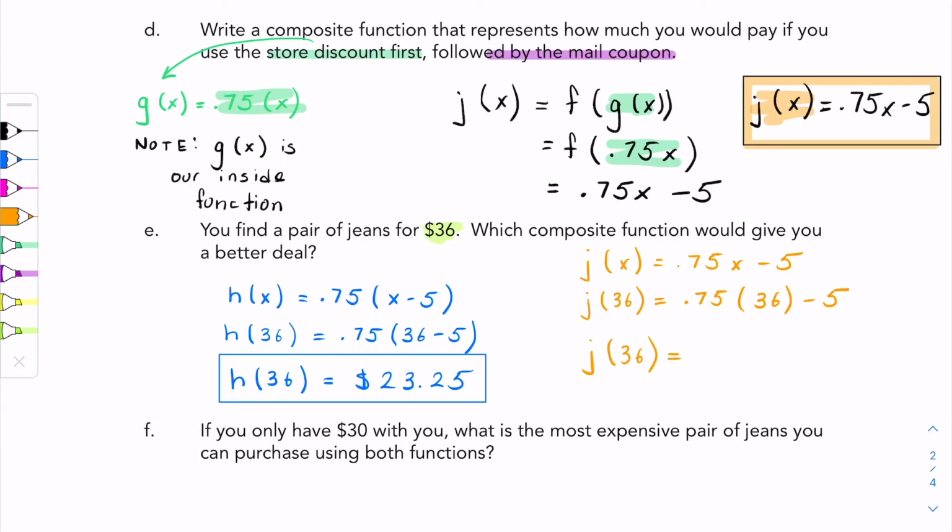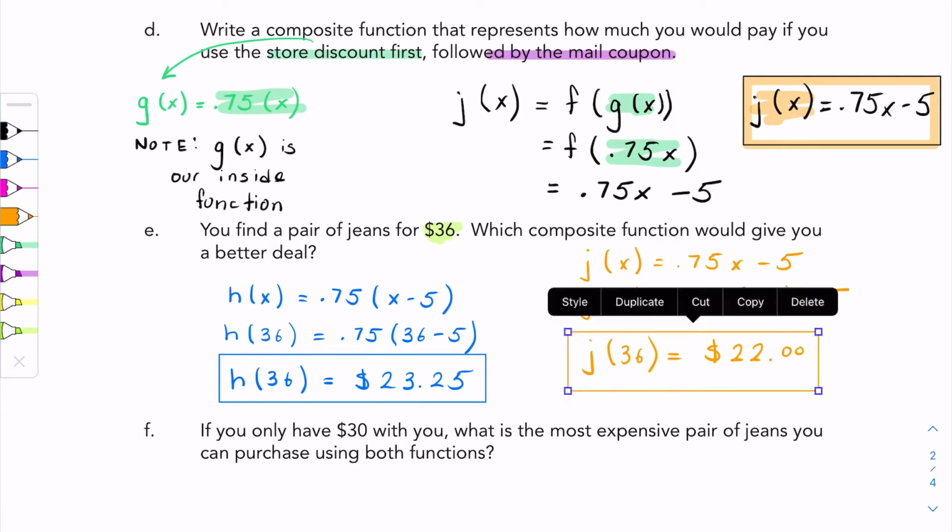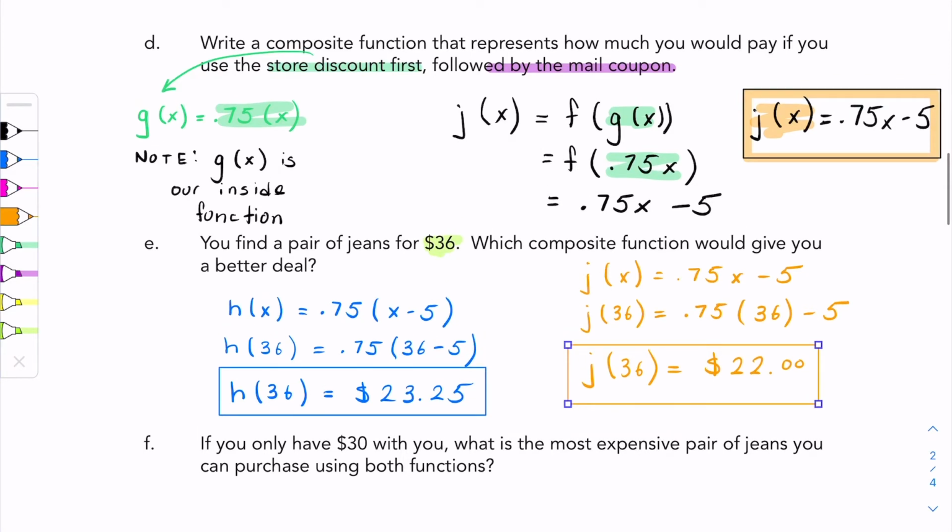So j of 36 is equal to $22. j of x is determined by using the store discount first, followed by the mail coupon. So we're looking at these two prices. Which one gives us a better deal? Hopefully you can all tell that the $22 is the better deal. Therefore, j of x is the function you would pick. j of x would give you a better deal.